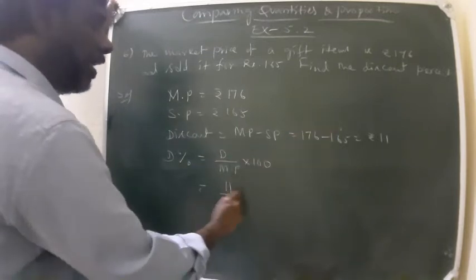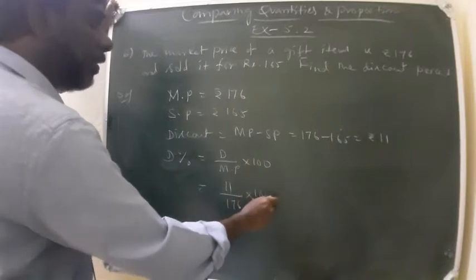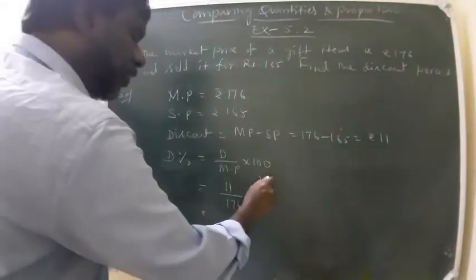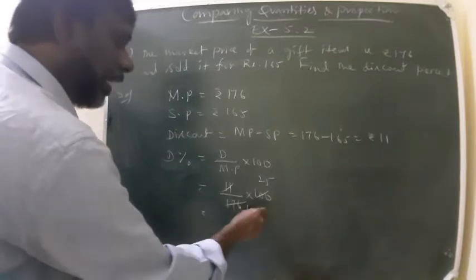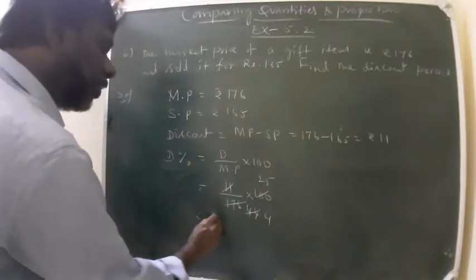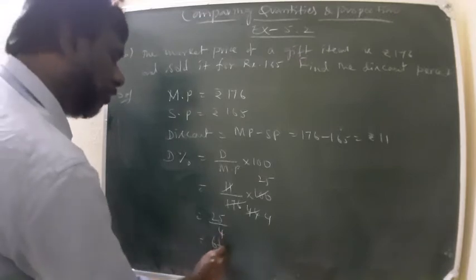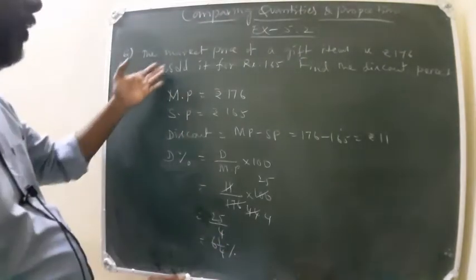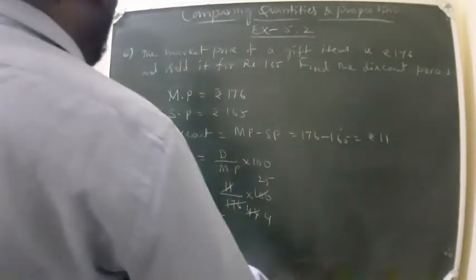Actual discount 11, market price 176 into 100. So which table will go? 4 table. 4 25s, 4 4s, 4 4s, 4 16s. Again 11, 4 times. 25 by 4. 4 6 are 24, 1 by 4. So the discount percent for this sum is 6 1 by 4%.